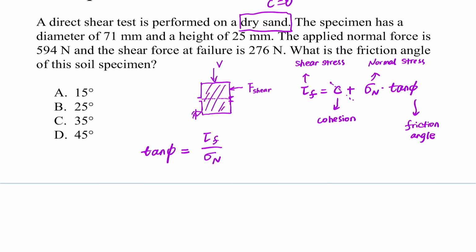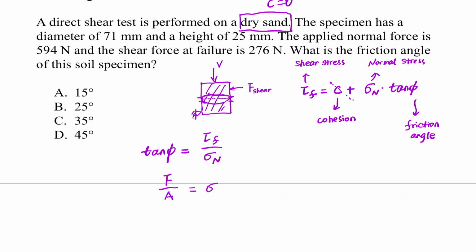But as you can recall, the relationship between force and stress is essentially the force over an area, right? And for this one specifically, we're talking about the cross-section area right over here, the entire surface that the failure has happened on.